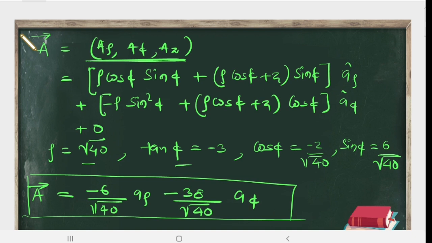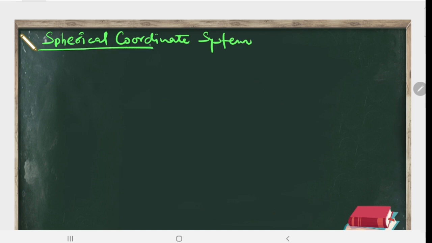Same thing we have to do to express the vector A in spherical coordinate system. So the next target is we are trying to express the vector A in spherical coordinate system, with components A r, A theta and A phi.